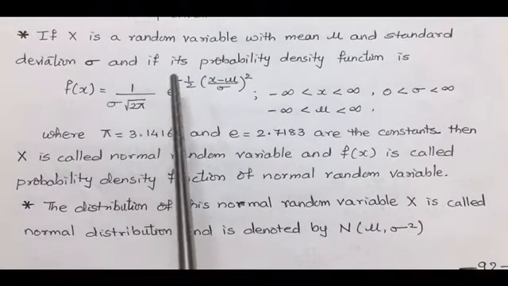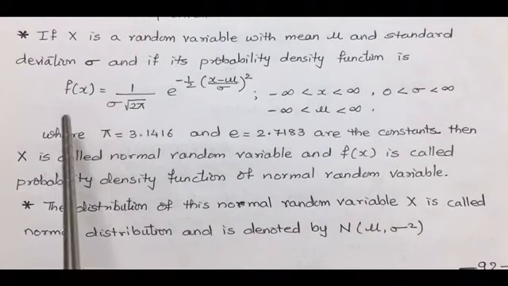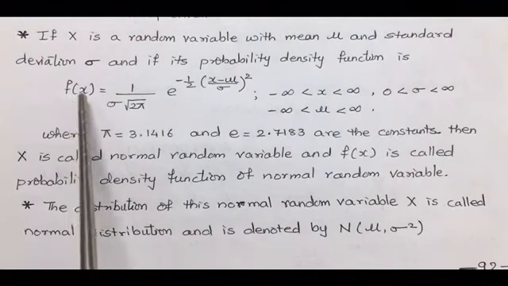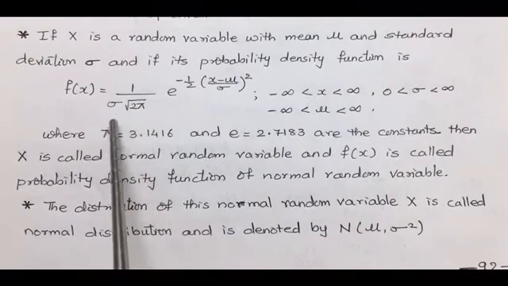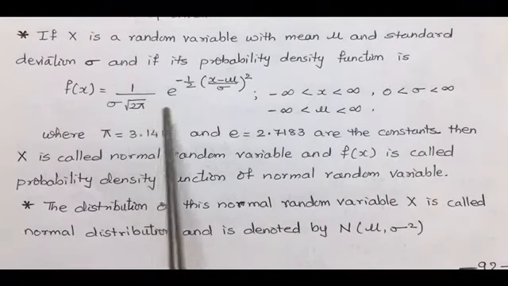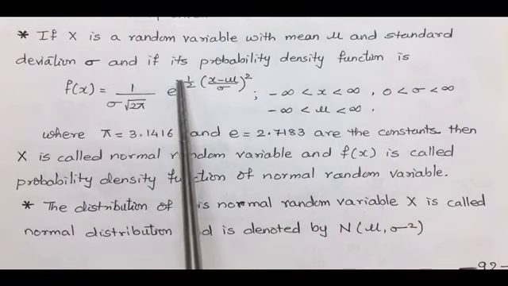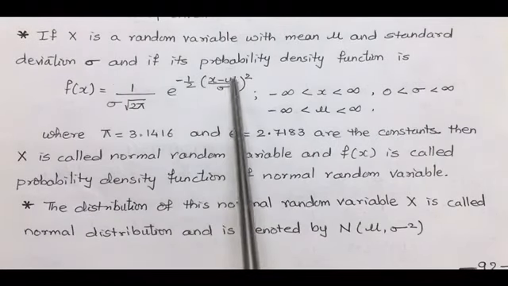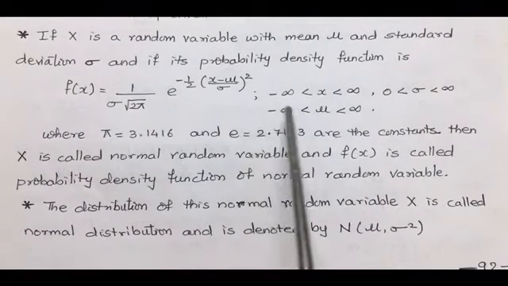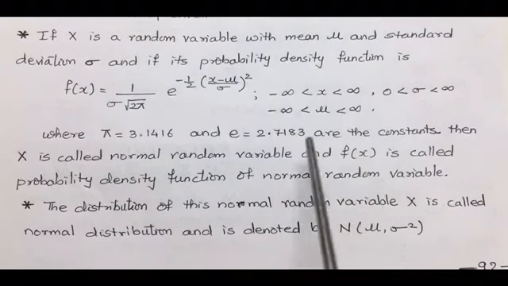And if its probability density function is f(x) equal to 1 upon sigma root 2 pi, e raised to minus 1 upon 2, (x minus mu upon sigma) whole square, where the limitation of x is from minus infinity to infinity.